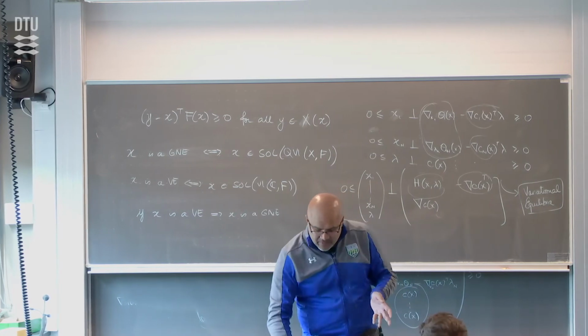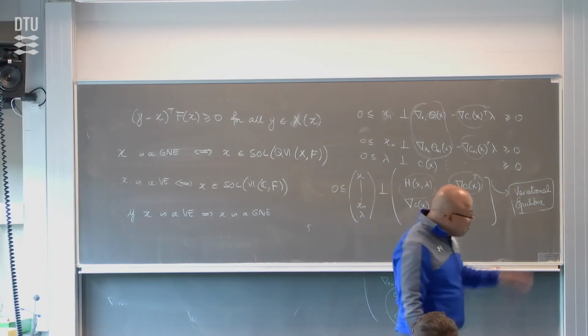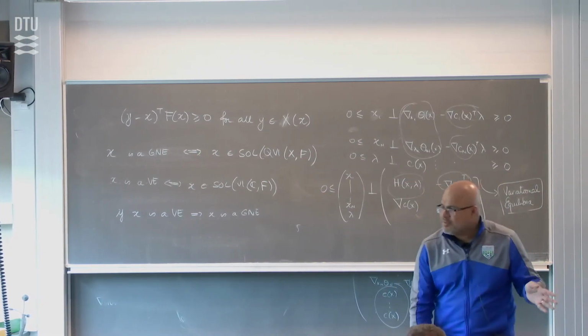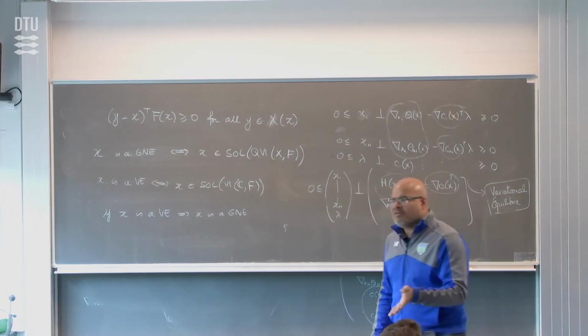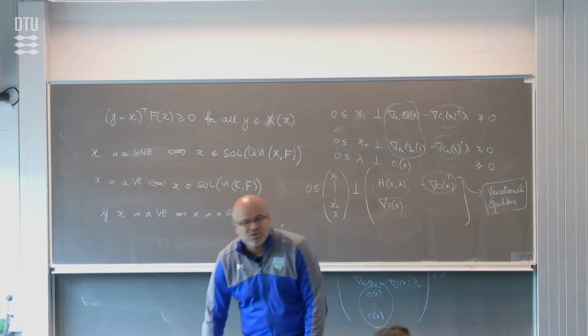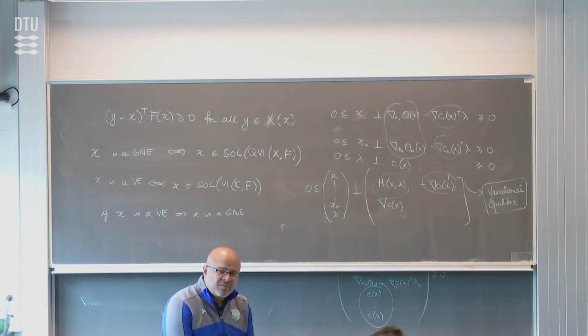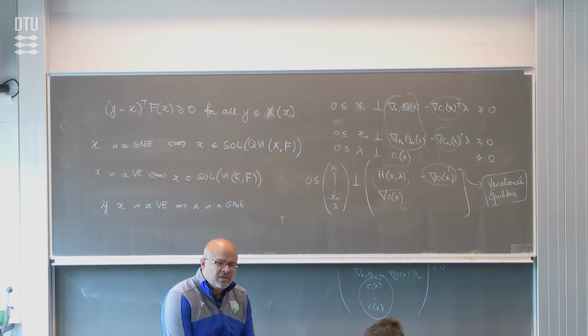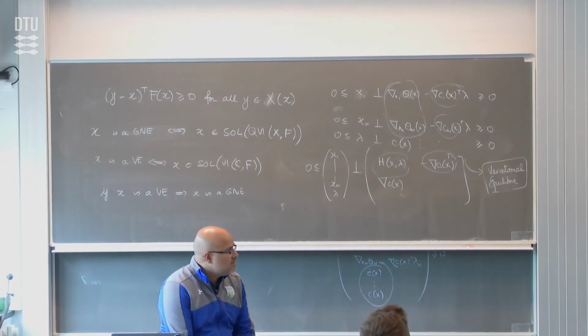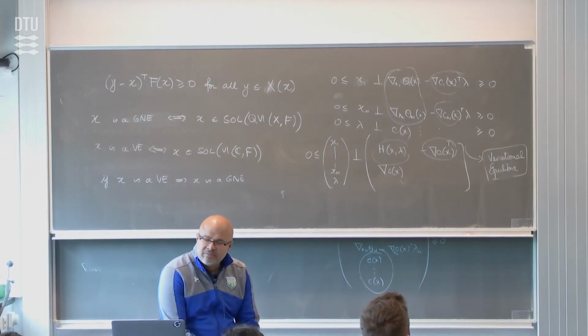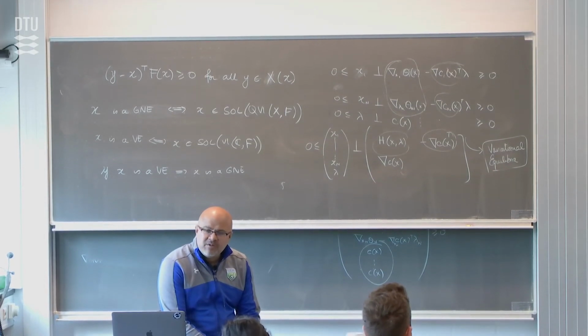Now, let me ask you a question, and that's going to motivate the next 10 or 15 minutes. If you solve the variational equilibrium, you get an equilibrium of the generalized Nash game. Suppose it turns out that no equilibrium exists to the variational inequality. Does it mean there's no equilibrium for the generalized Nash game?